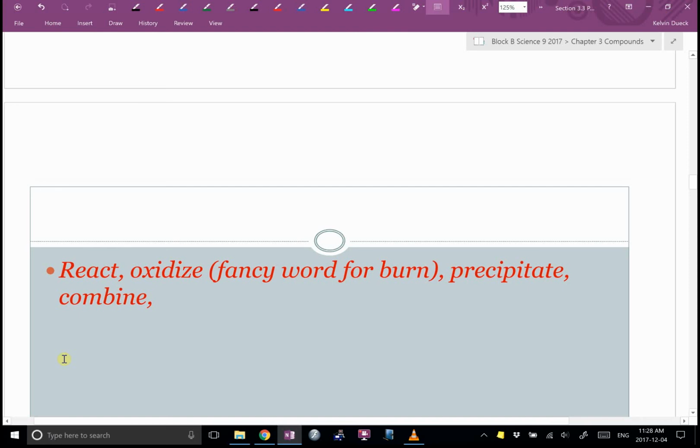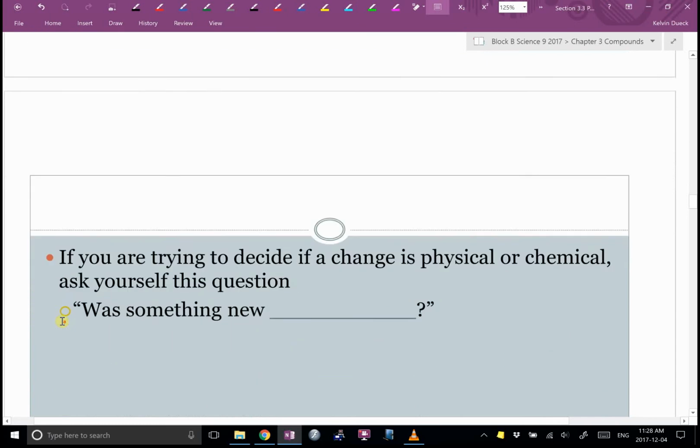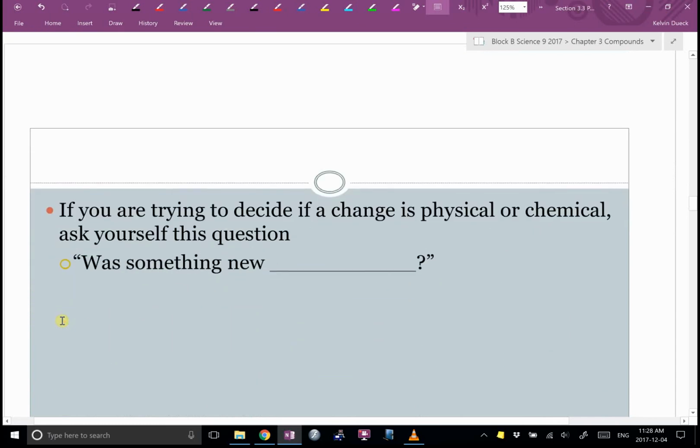So on your test, in your homework, they will give you a situation and they will say, hey, is this chemical or is this physical? The one question that you can take to the bank 99.9% of the time, if you are trying to decide if a change is physical or chemical, ask yourself this question: was something new produced?